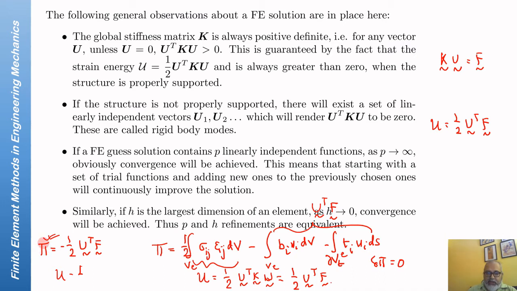Now, first thing to note here is the strain energy, which is given by half U transpose KU, is greater than 0 if U is not equal to 0.